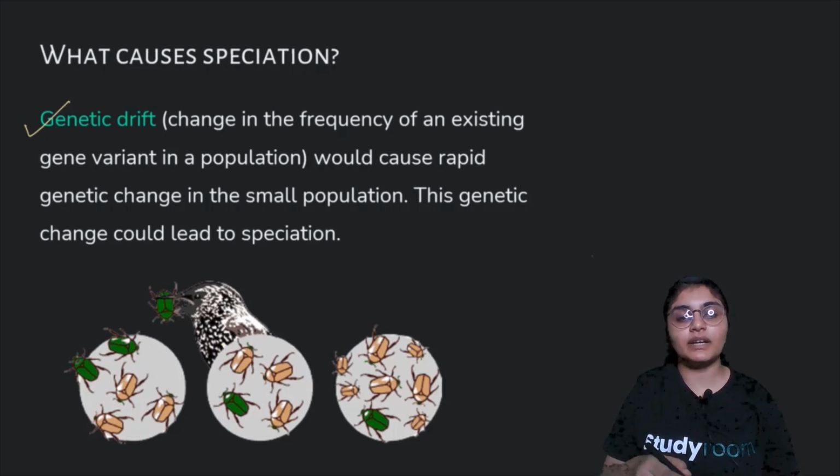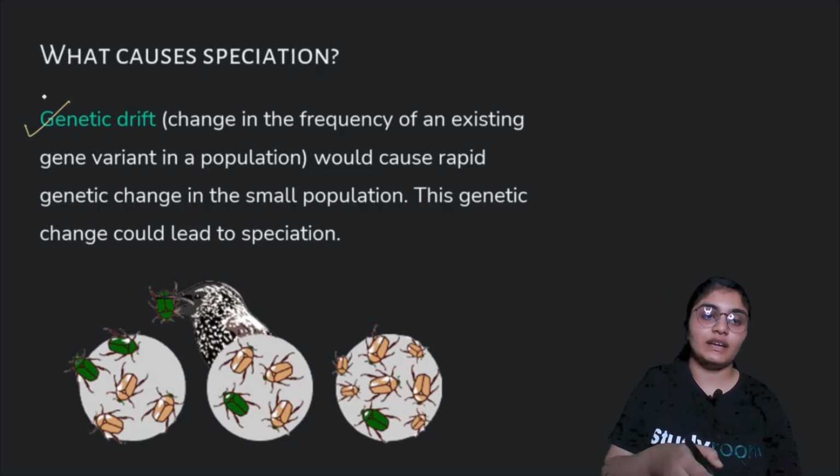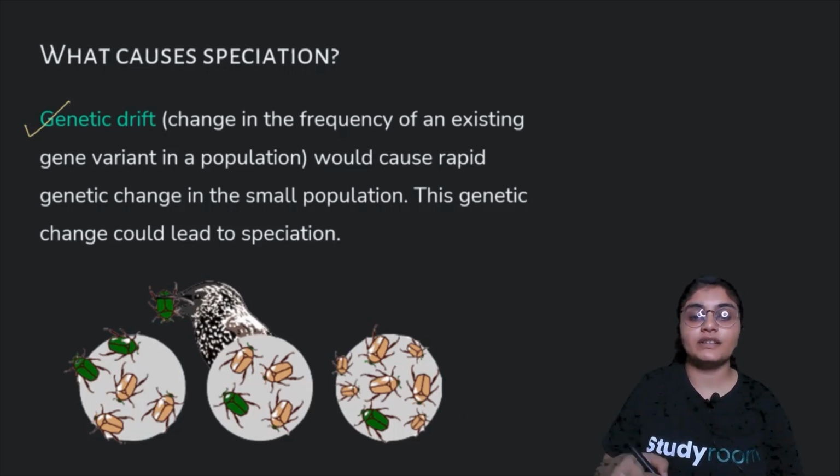The yellow colored beetles are increasing in number, and hence there is a genetic drift caused here, which results in a larger population of the yellow beetle as compared to the green beetle, which is also a cause of speciation, right? So here we are saying that genetic drift is a cause of speciation.